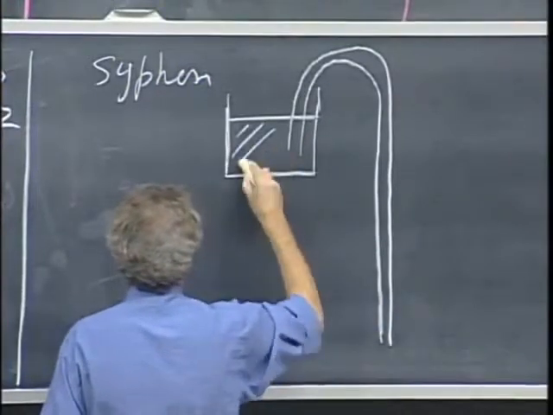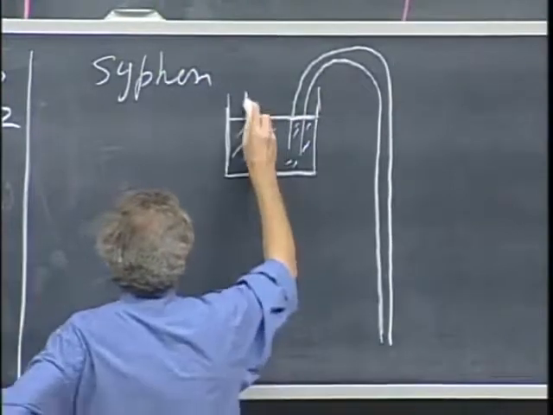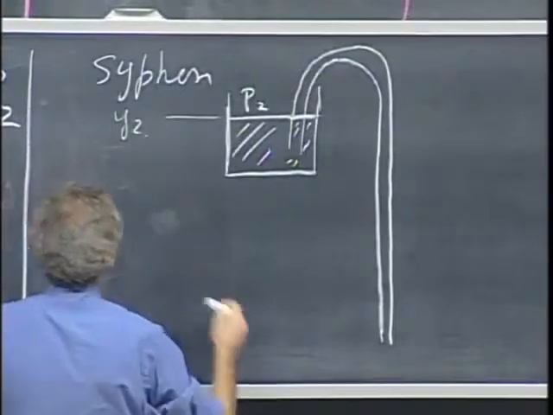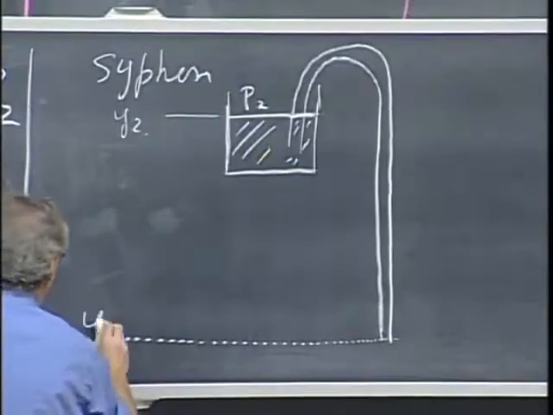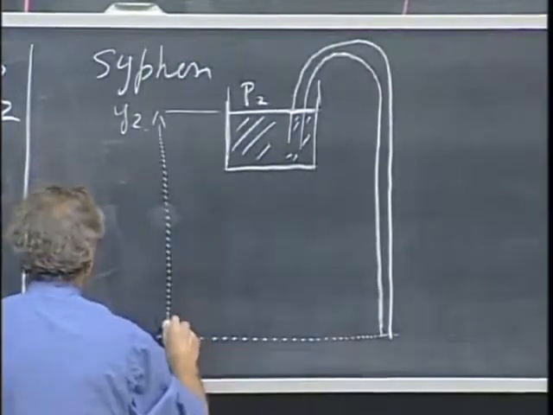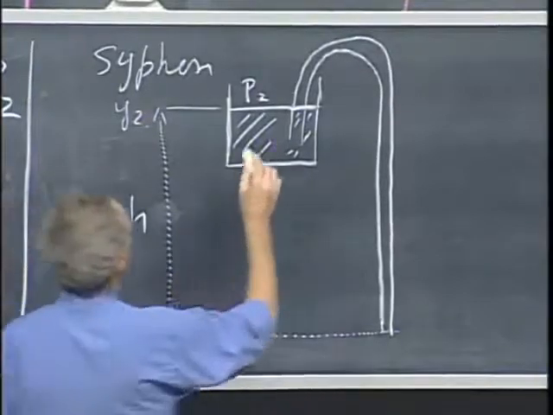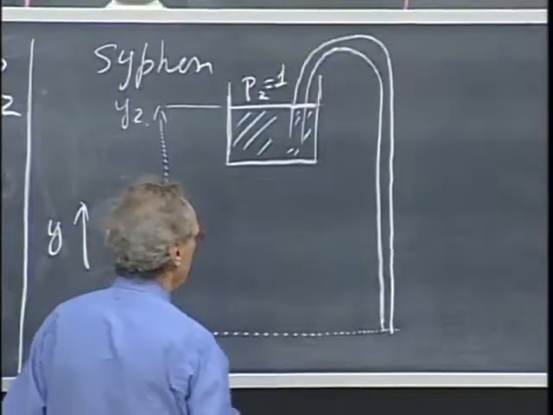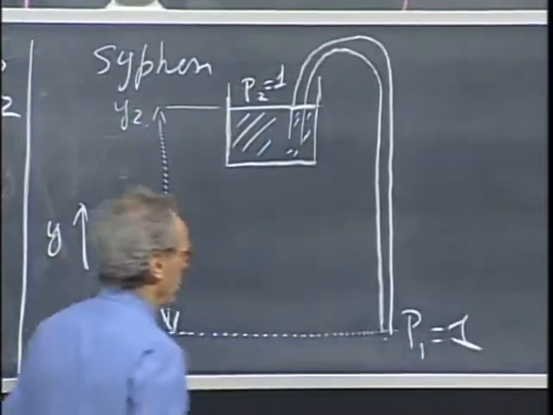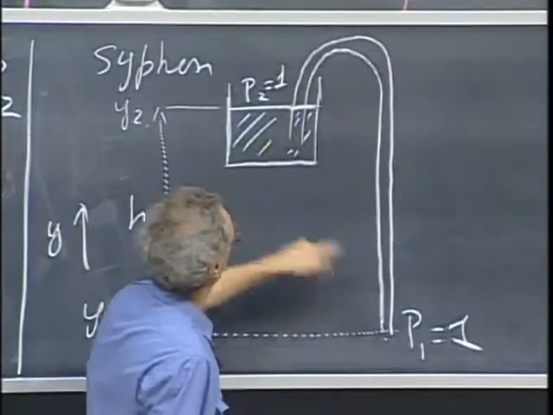And there will be water in here up to this level. This level Y2, this is Y1, increasing value of Y. This height difference is H. P2 is 1 atmosphere. I put a 1 there, it's atmosphere. And here, if it's open, then P1 is also 1 atmosphere. So there's air in here, and there's liquid in here.